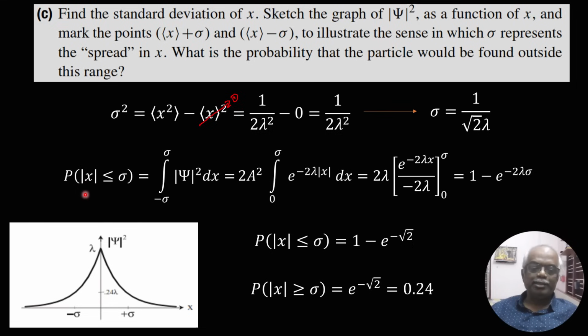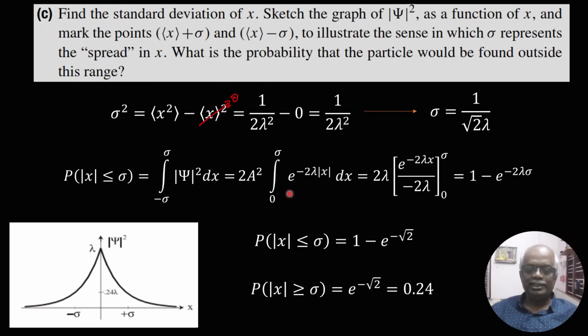Then what is the probability inside plus or minus sigma? You integrate between minus sigma and plus sigma the modulus psi squared dx, that is the probability that modulus x is less than or equal to sigma. This wave function is A e power minus lambda modulus x.